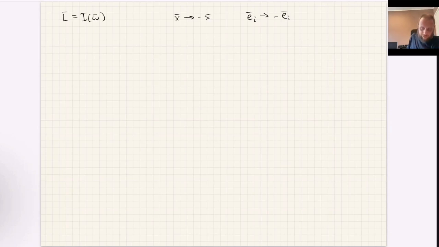So, for example, you can imagine, in 2 dimensions, if you send e1 to minus e1, e2 to minus e2, then the corresponding determinant for that transformation is +1, not -1.